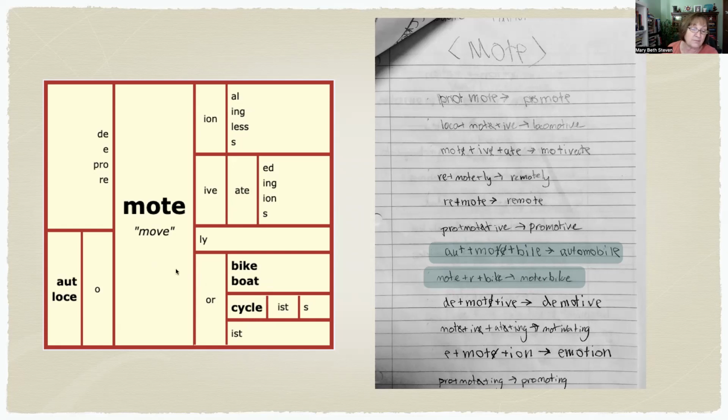Another thing I would like to point out with a matrix like this, students are going along, making words. What if they do this, MOTE plus LY, motely? Structurally, those two could go together, right? But what does it mean? So if I see that happening, I'll ask a student, can you use that in a sentence, motely?